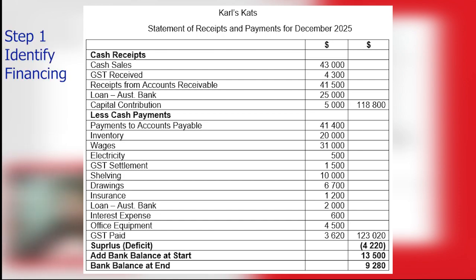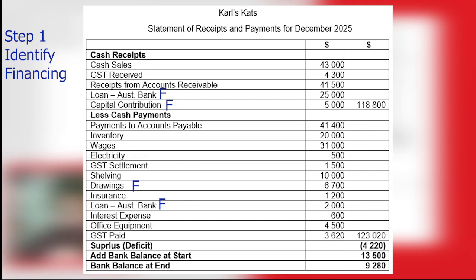So if we go through these cash receipts, we see that there is a capital contribution and a loan received. And we're just going to put a nice little F there. Just an F to say we know those two are financing. We then will go to the cash payments and do the same, and we'll see drawings F, and we also see a loan there again from Bank, and that's going to be an F as well.